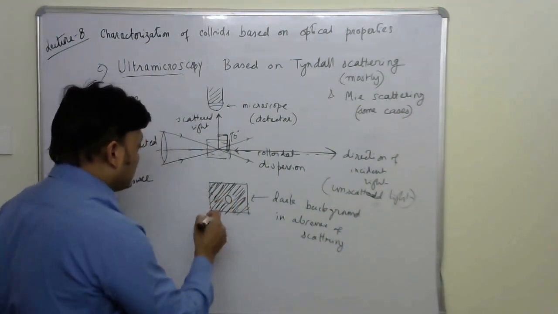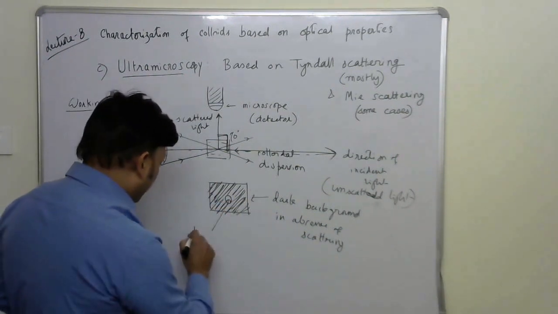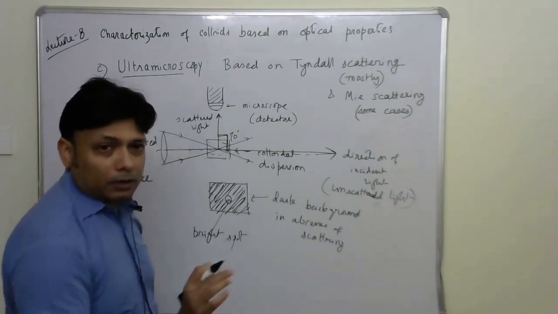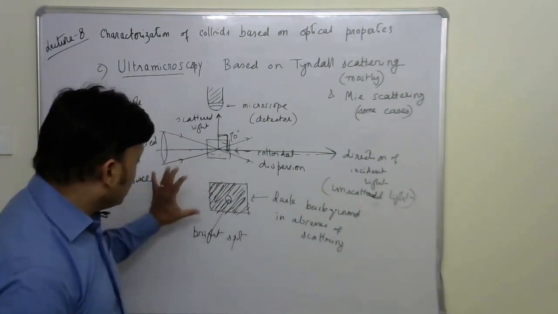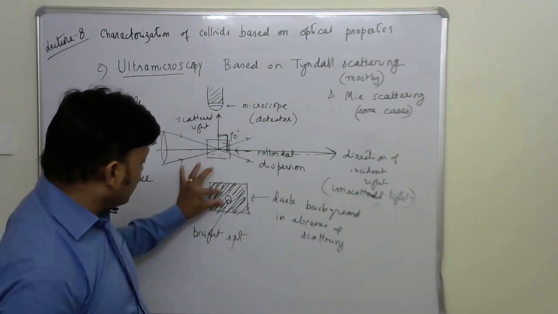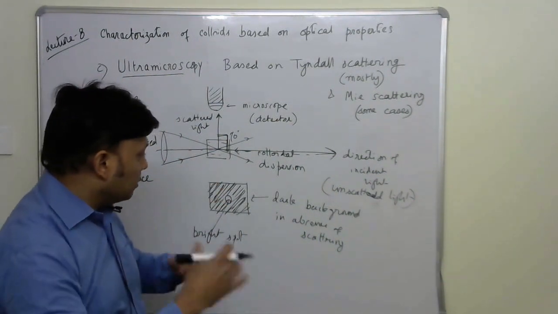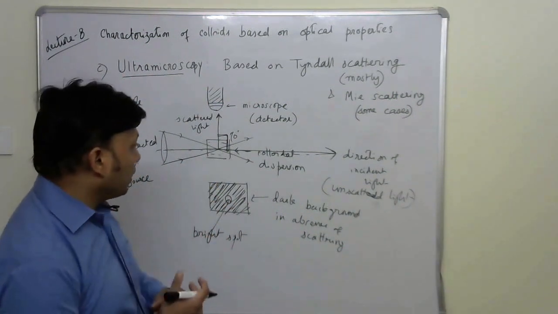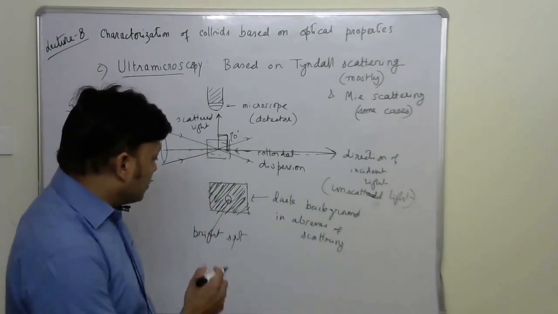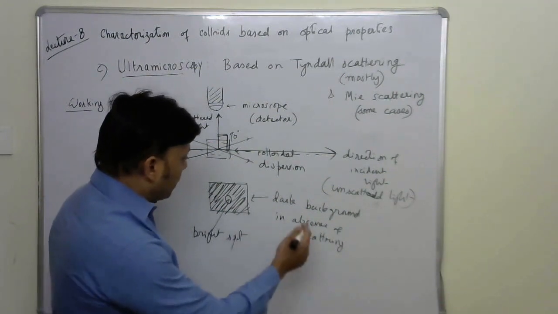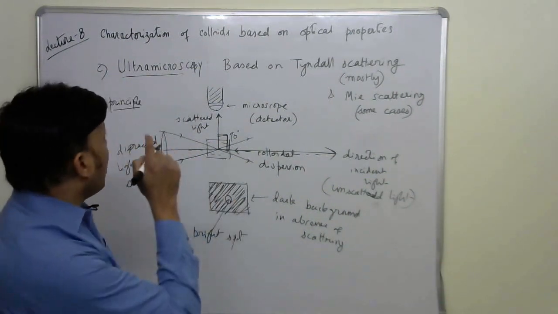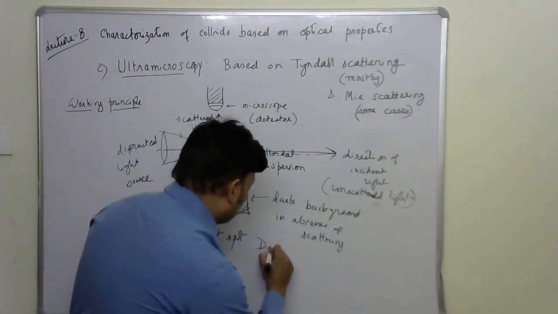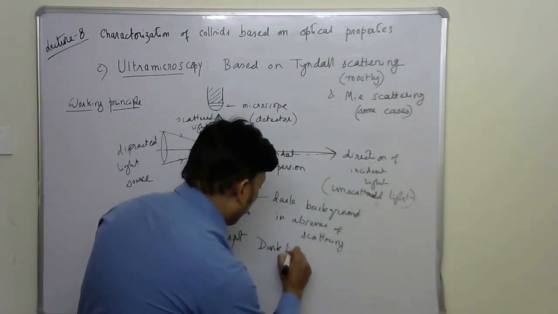This bright spot would signify the presence of the particle itself, and also the spot size would tell us about the size of the particles in the colloidal dispersion. Since this is observed against a dark background, this ultramicroscopy developed by Zsigmondy is also known as dark field microscopy.